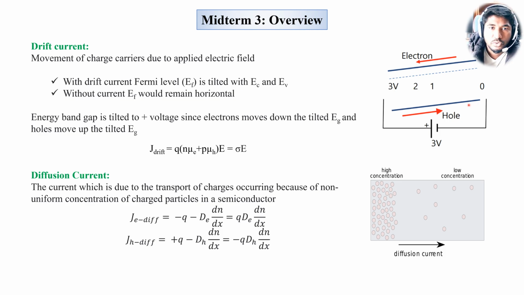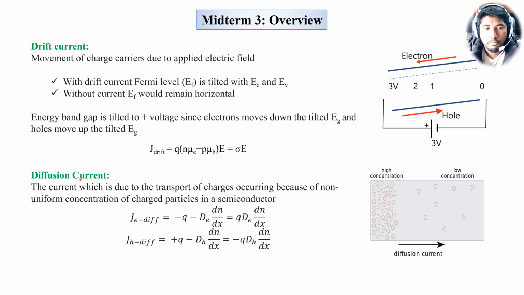If there is no electric field, then this line should be horizontal, right? Energy band is tilted to plus voltage since electrons move down the tilted EG, and holes move up the tilted EG, and the drift current is calculated by this equation.